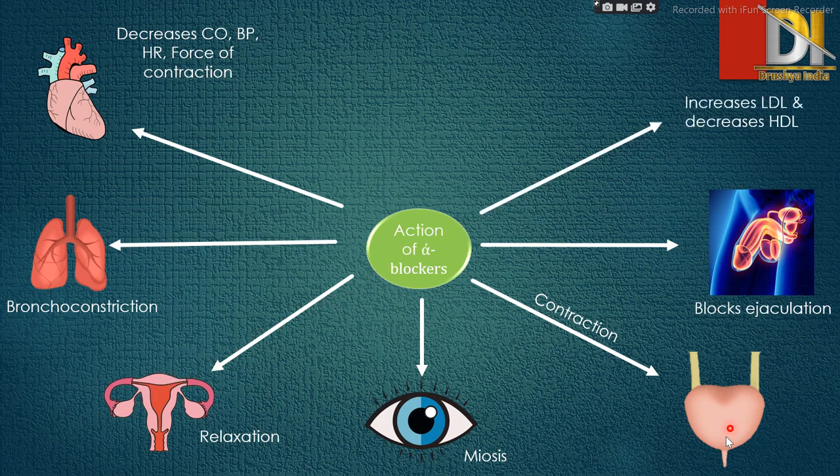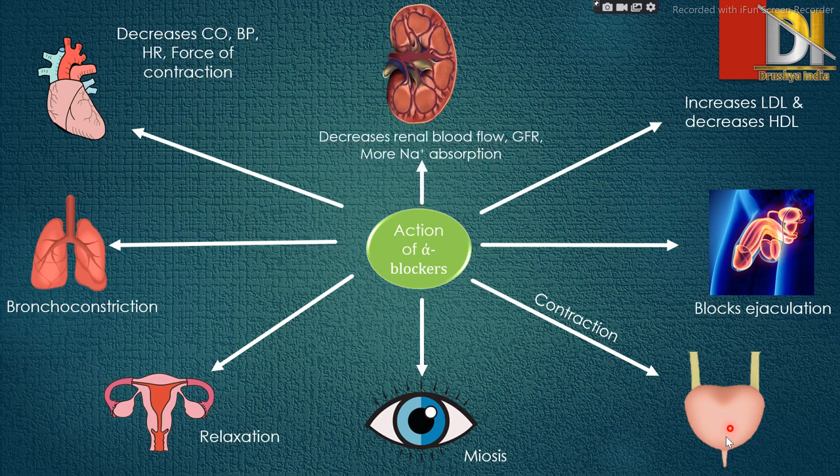Then on the metabolic system, it increases LDL and decreases HDL. LDL means low density lipoprotein, and HDL is high density lipoprotein. As we know, LDL is dangerous for health and HDL is good for health. It is doing the opposite, so it may be dangerous.